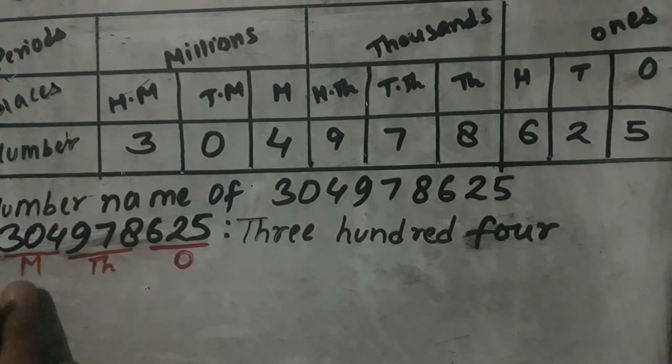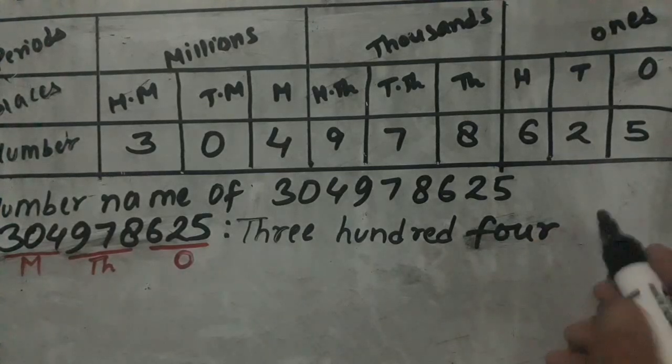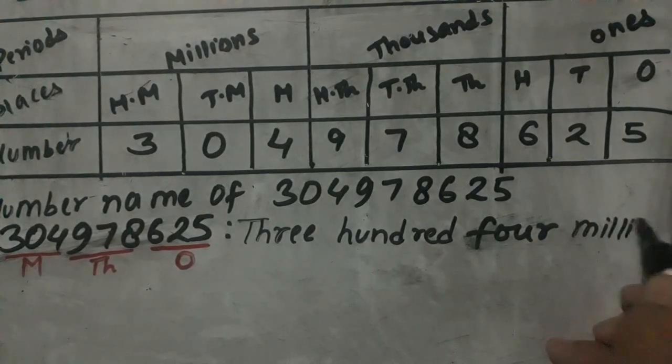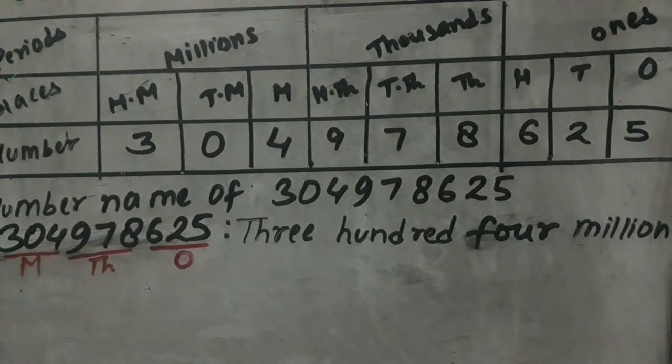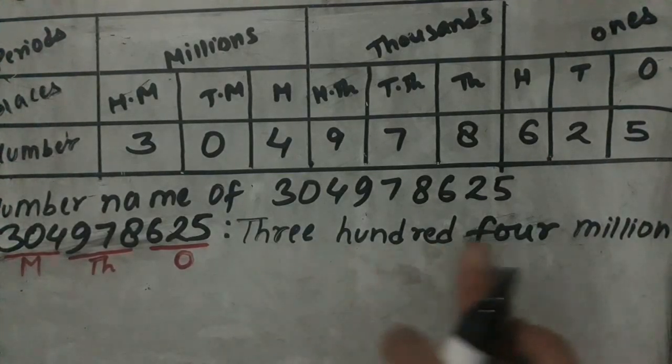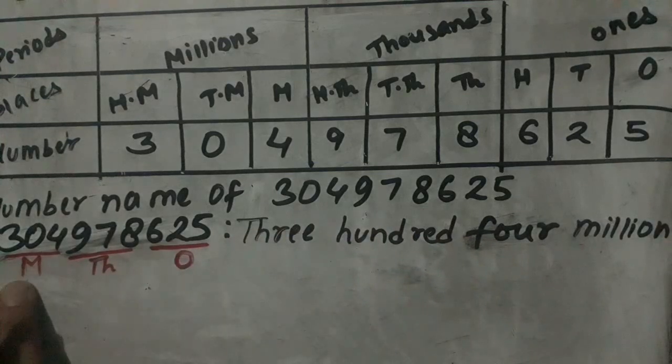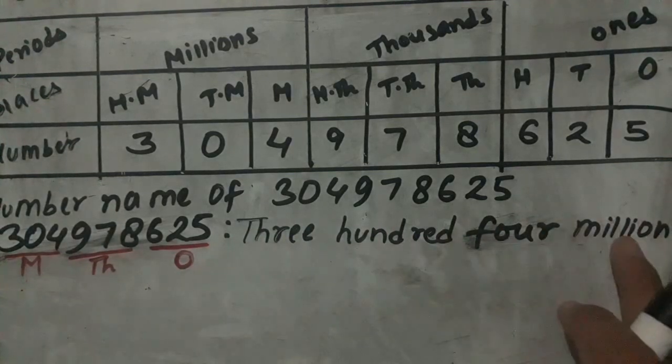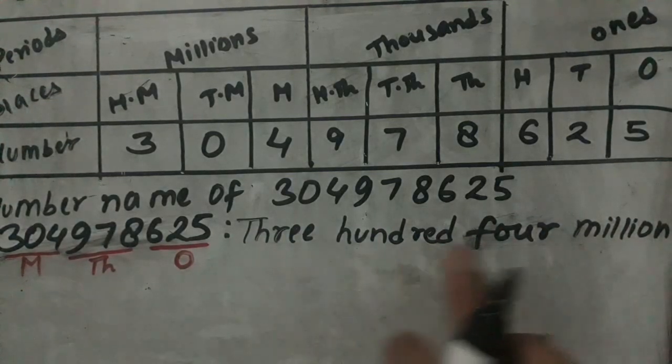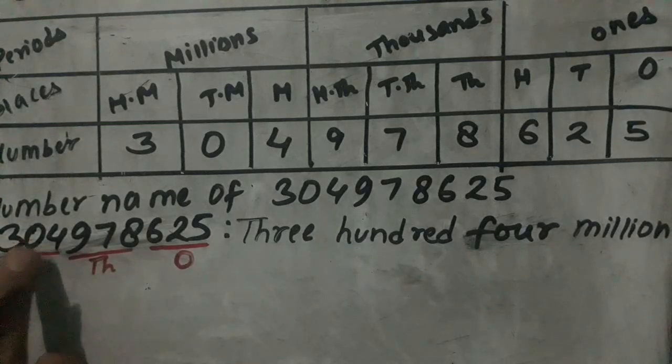It belongs to the period of million, M. So we will write million over here. 304 is the period of million, therefore I have written million at last. So 304 million.